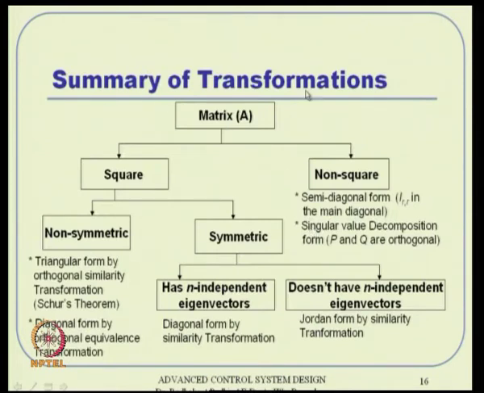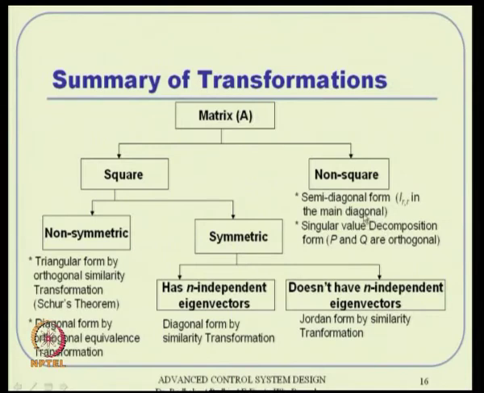So, what is the summary of transformation? There are many things that we talked about. A matrix in general can be either square or non-square, right. If you have a non-square matrix, you can reduce it to semi-diagonal form only.